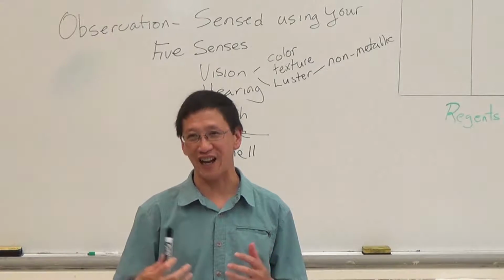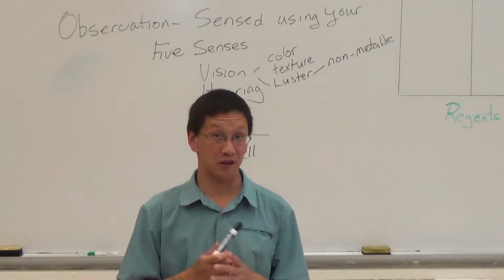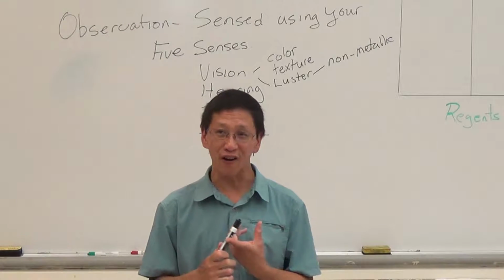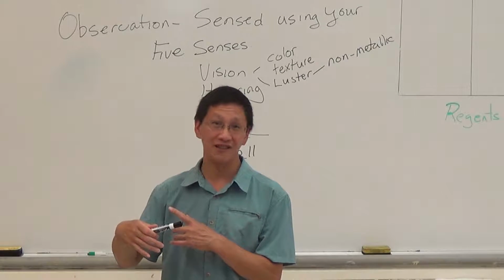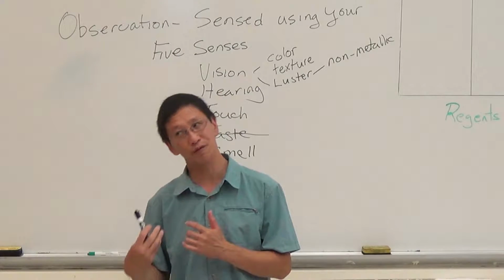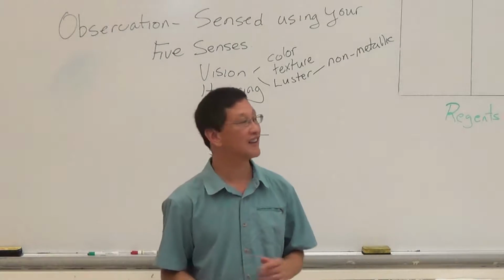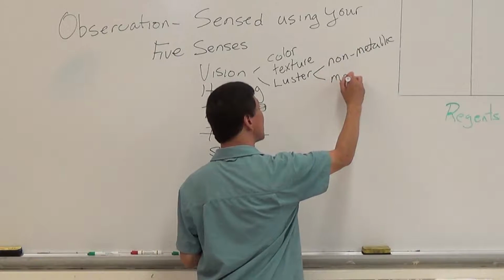I think most of you guys have a pretty good idea of what is metallic. Some things could be confusing, like a mirror, because really the top surface of the mirror is glass, which is non-metallic, but the back of it's silver, which is metallic. But really that's our other possible choice.